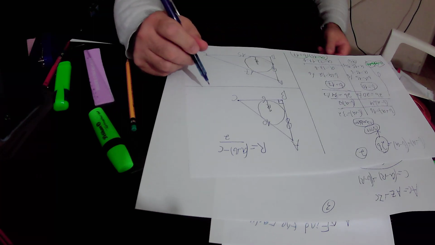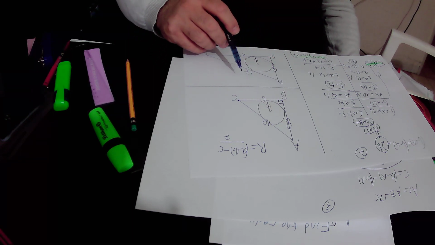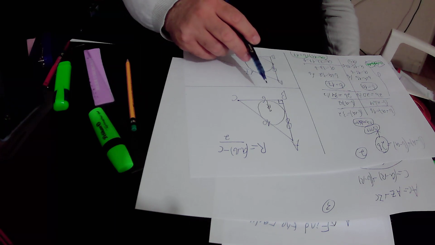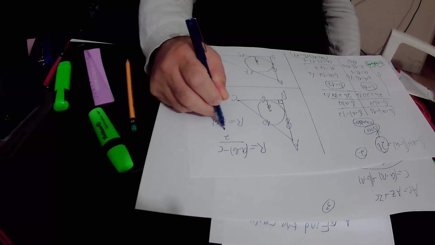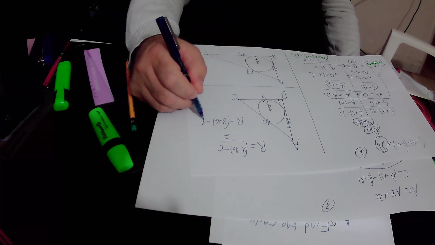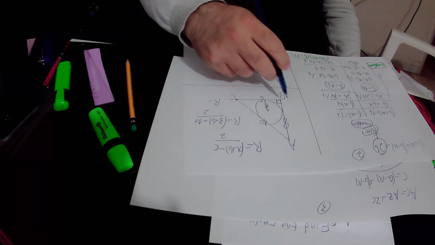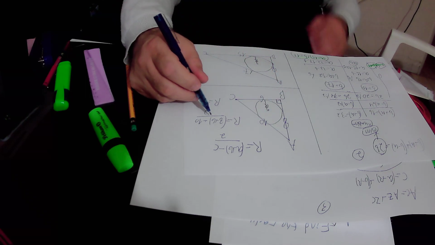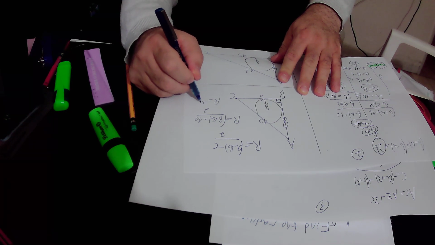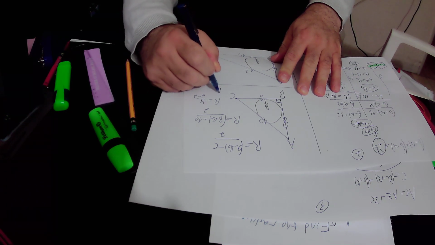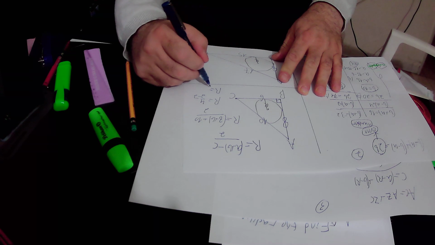So the radius equals 8 plus 6, minus the hypotenuse, 10, over 2. 8 plus 6 is 14, 14 minus 10 is 4, and 4 over 2 is 2. So the radius of the inscribed circle equals 2 units.